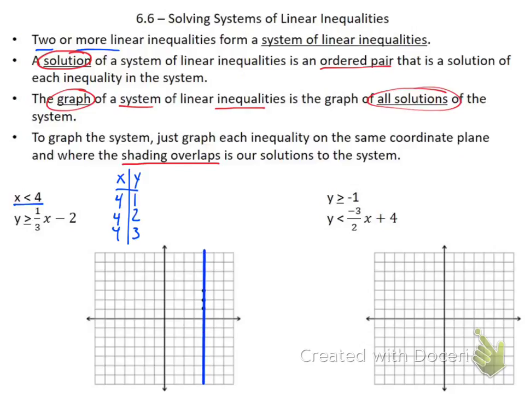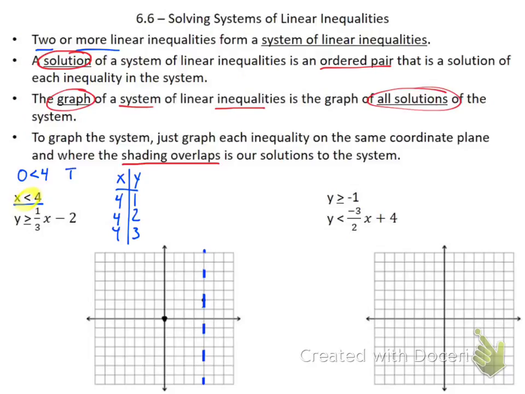This one should be dotted because, again, when I look at my inequality sign, it's just less than. It's not less than or equal to, so it's going to be a dotted line. Then, just like we had done before, I'm going to test a point to shade. So I'm going to test the point 0, 0. I plug 0 and 4 into my original equation.